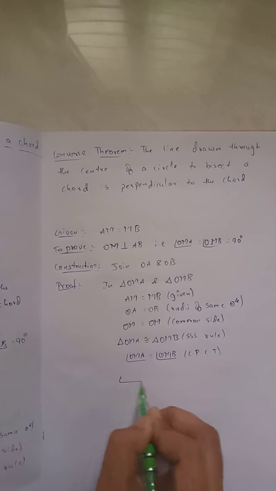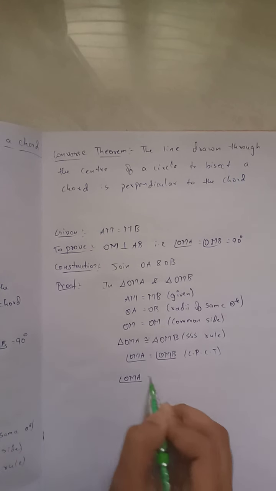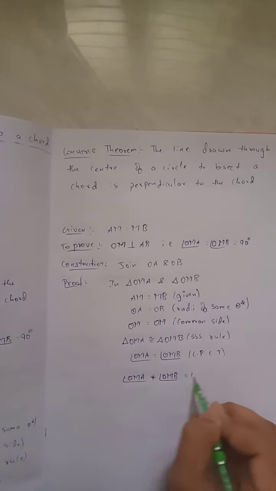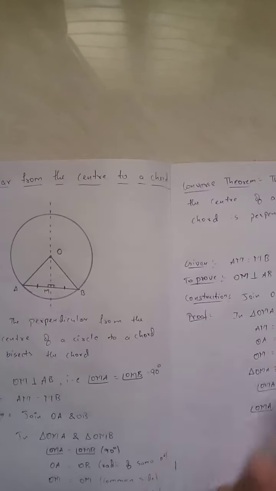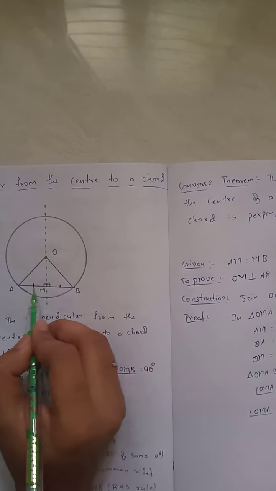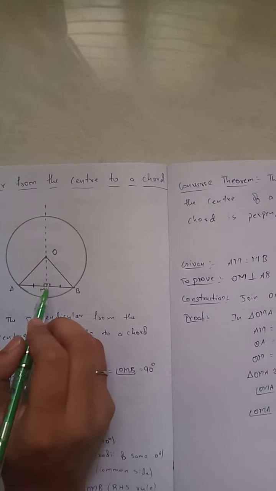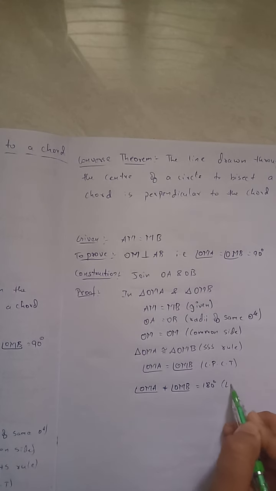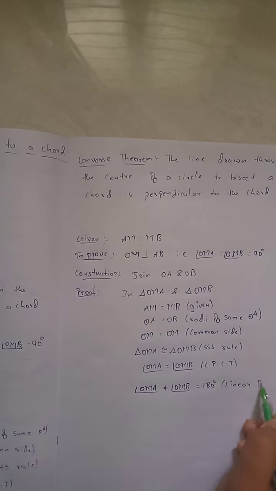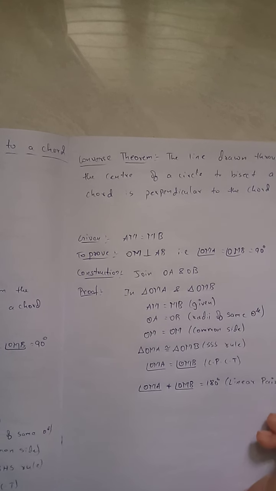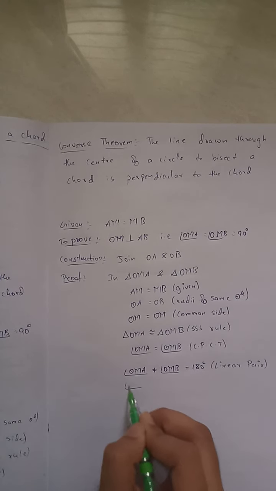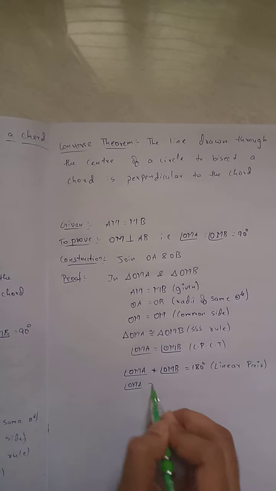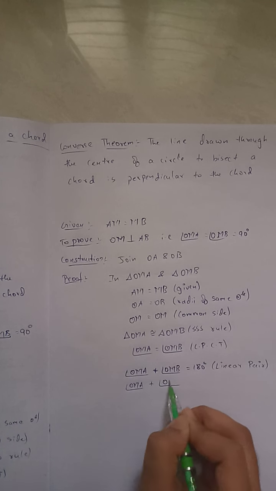So angle OMA plus angle OMB will be 180 degrees, because these two angles are called a linear pair, as these two angles are lying on a line. So the reason will be that these are a linear pair. Angle OMA is equal to angle OMB, so in place of OMB I can write OMA.